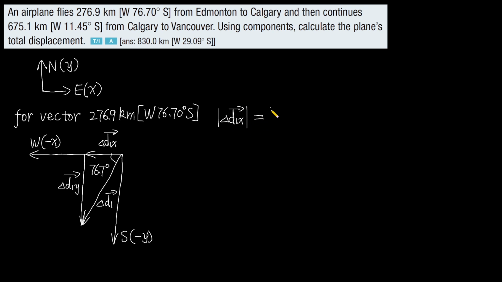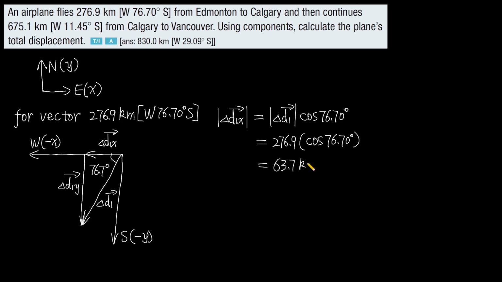From the graph, we can know that the magnitude of the vector delta d1x equals the magnitude of the vector delta d1 multiplied by cosine 76.7 degrees. And this equals 76.9 multiplied by cosine 76.7 degrees, and this equals 63.7 kilometers.